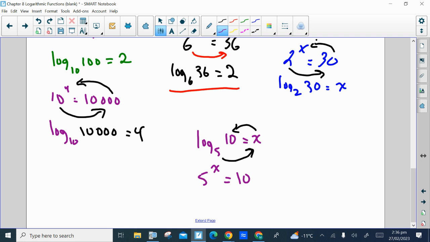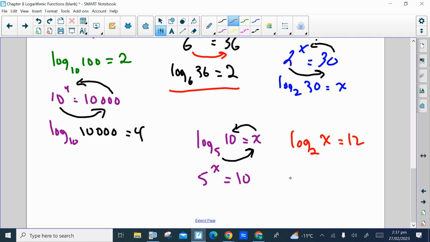They are the same equation. They're just in different forms. One's logarithmic, the other's exponential. Okay? If we had, let's say, log base 2 of x equals 12 as a logarithmic equation, we can write that in exponential by, again, starting with the base and cycling through.